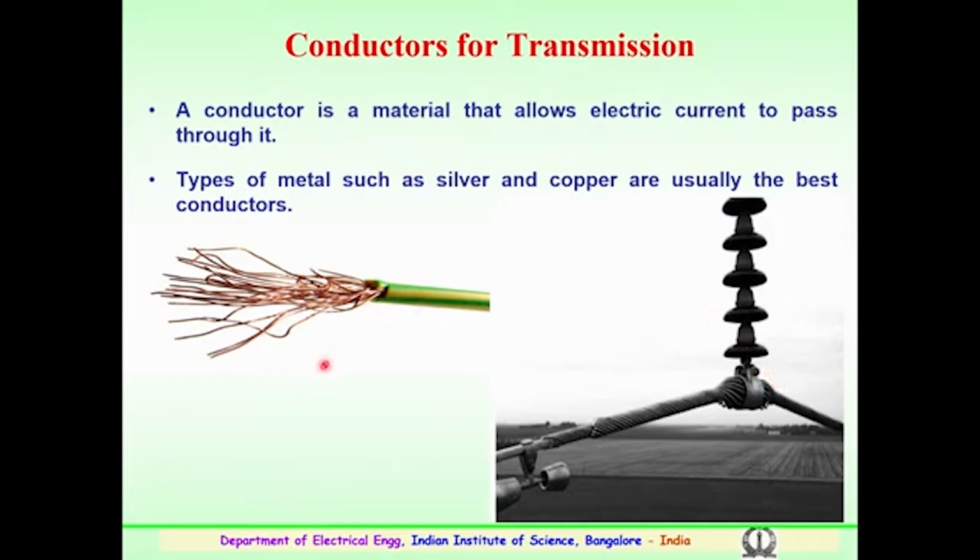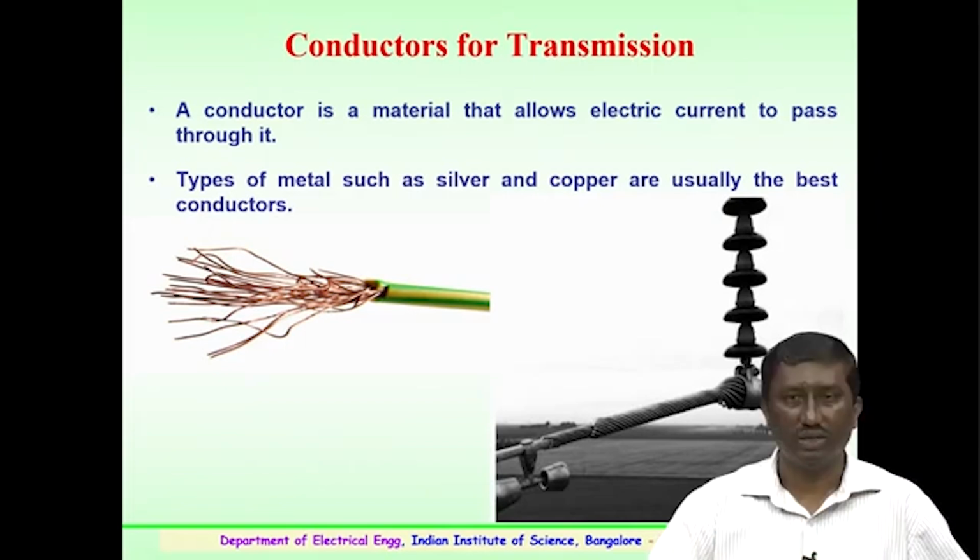This is a typical conductor which is used for domestic lighting purposes, and we will be focusing on the various types of conductors which are used for the extra high voltage and ultra high voltage transmission and distribution systems.